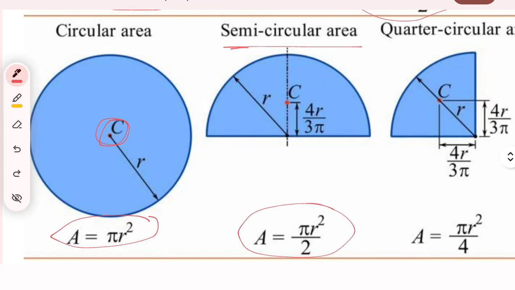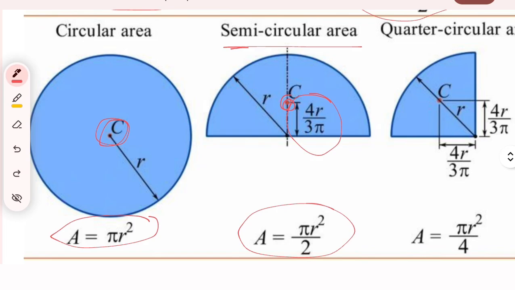And where is the centroid of the semicircle located? If that is the centroid there, this is the formula you need to remember: 4r over 3 pi. And remember how the semicircle is actually oriented, because you might be confused about 4r over 3 pi. Just remember that the semicircle is drawn like this.